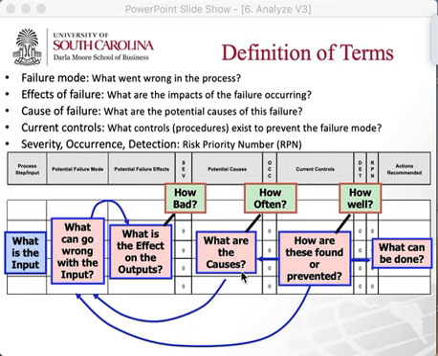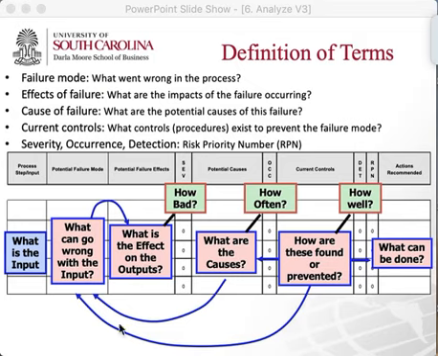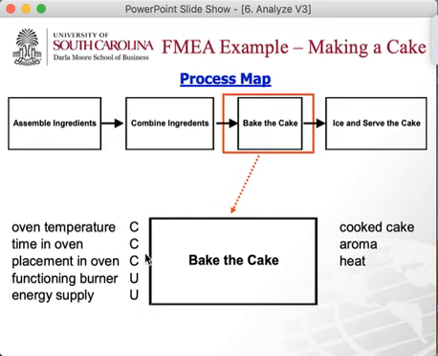That's the root cause. And the control: how do you find out or prevent that thing from happening, okay? And then, of course, action: if you have an action for that, you can put it here. And then you have three columns that we're going to use for the quantitative analysis. We're going to have scales that we develop so we can quantify those things, okay? So let's get into that.